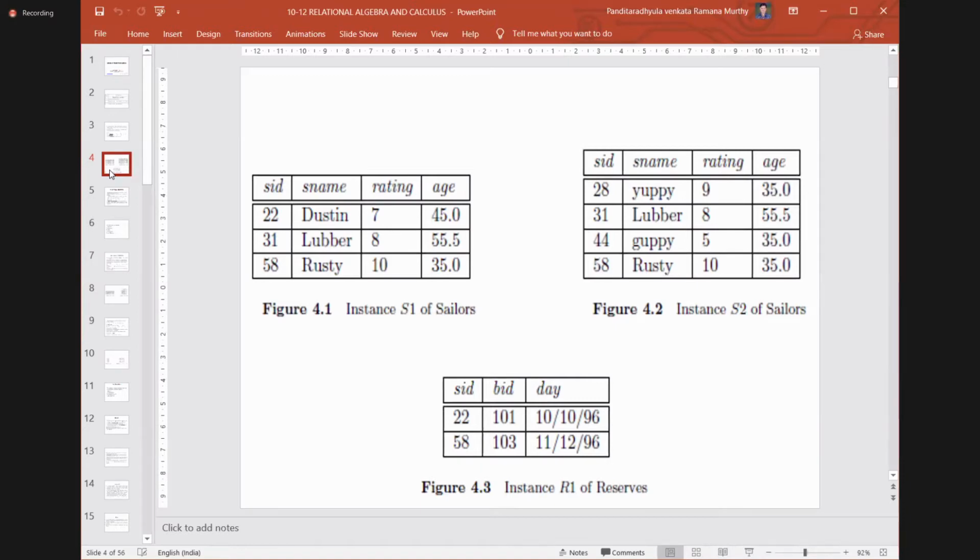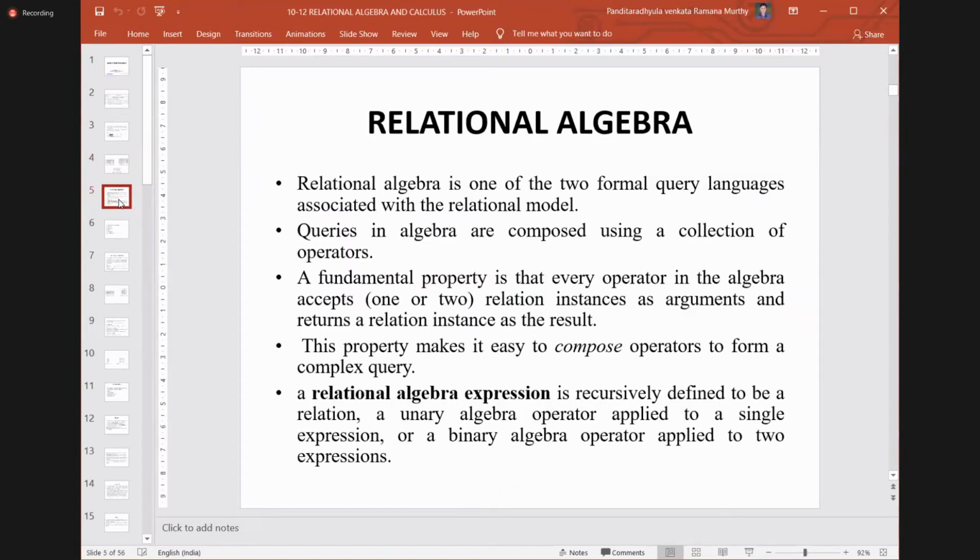The sailors' information is at a particular time, an instance of a particular time. At one time it may contain 3 rows, at another time it may contain 4 rows. Clear? So we are going to present the sailors information, boats information, and reservation information.